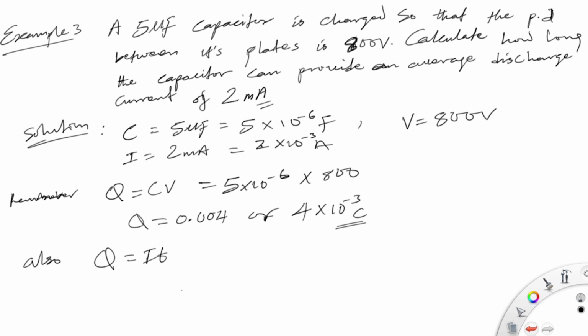We're looking for the time, T. Making T the subject will now be Q over I. So Q, we've calculated it to be 4 times 10 raised to the power minus 3, all over what? The discharge current was not given, but we're given the current as 2 milliamp. So 2 times 10 raised to the power minus 3, right?